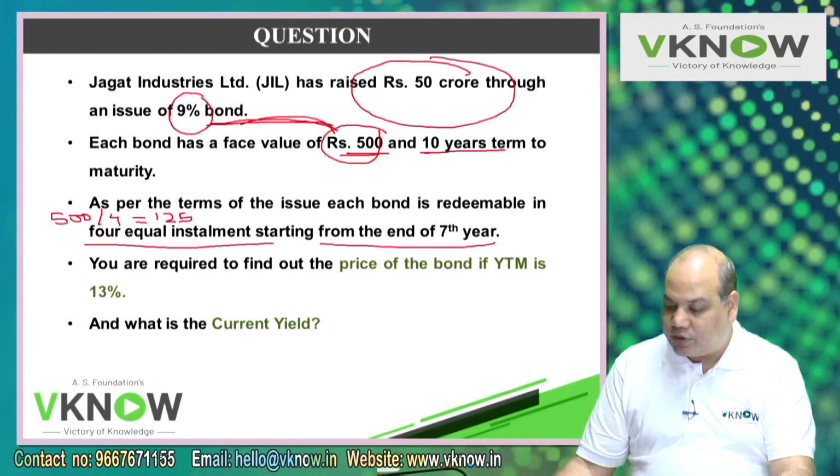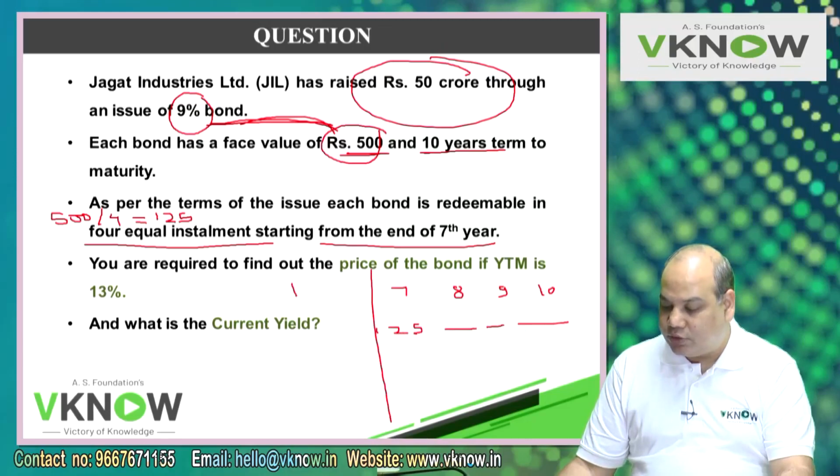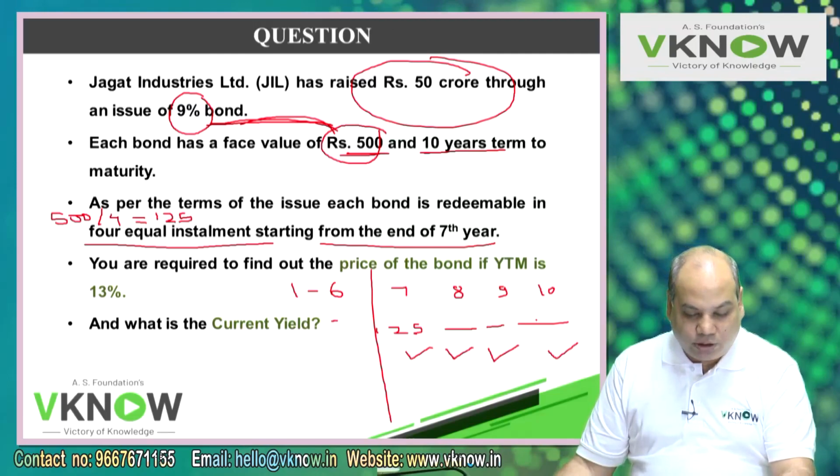From the end of the 7th year, means 7, 8, 9, 10. They are going to pay 125, 125. First 6 year, that is 1-6, there is no redemption. The redemption begins from 7th year onwards and it goes up to 10th year.